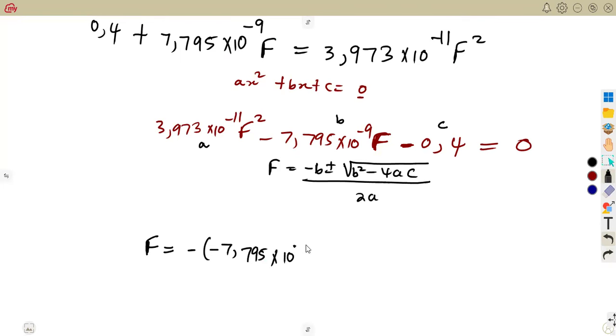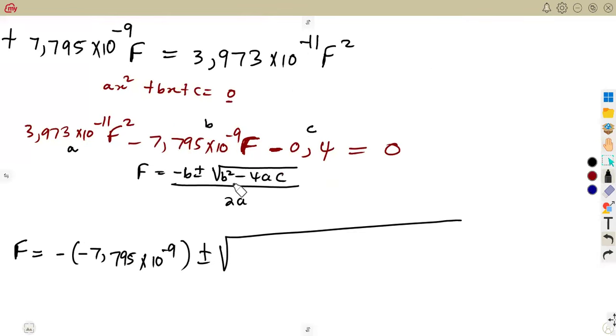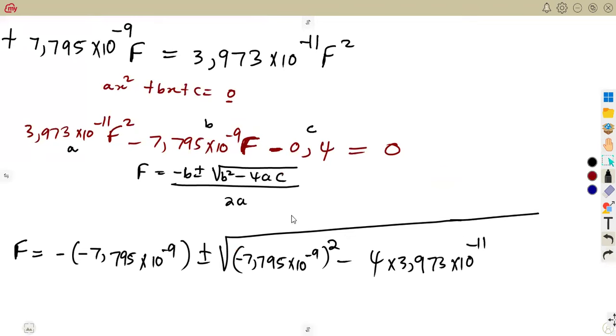7,795 times 10 to the exponent of -9 plus or minus the square root of b squared. This is our b, which is -7,795 times 10 to the exponent of -9 squared, minus 4 times our a, as it is, that's 3,973 times 10 to the exponent of -11.